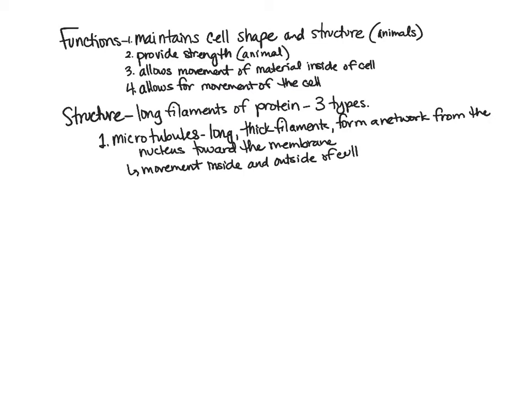So as I mentioned before, they kind of act like roads. So they act like roads for moving the cargo. So we have these little kind of machines that are going to walk along these tubules, and then they're carrying the vesicles with them.